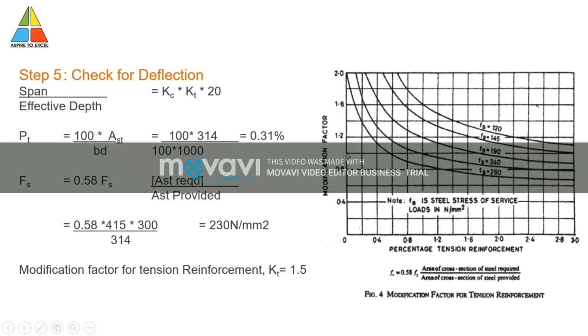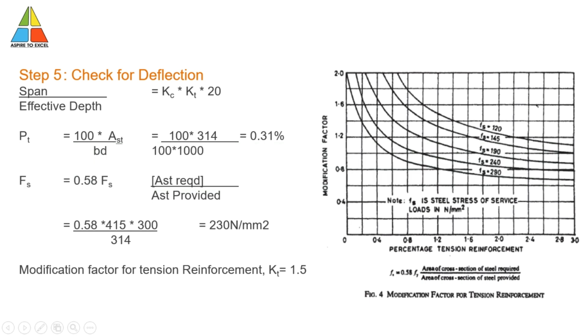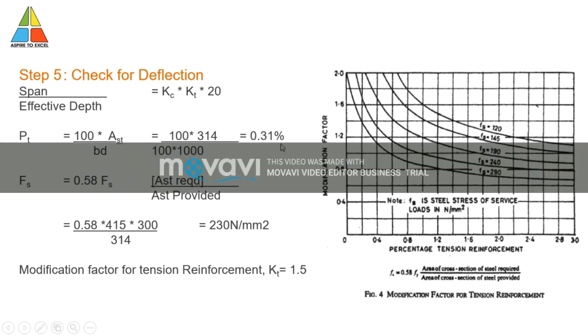On the y-axis is the modification factor, that is Kt, that we are calculating using this figure. On the x-axis is the percentage of tension reinforcement. The percentage of tension reinforcement is 100 Ast by bd, so it is 0.31. This is the total percentage of steel we are taking here.